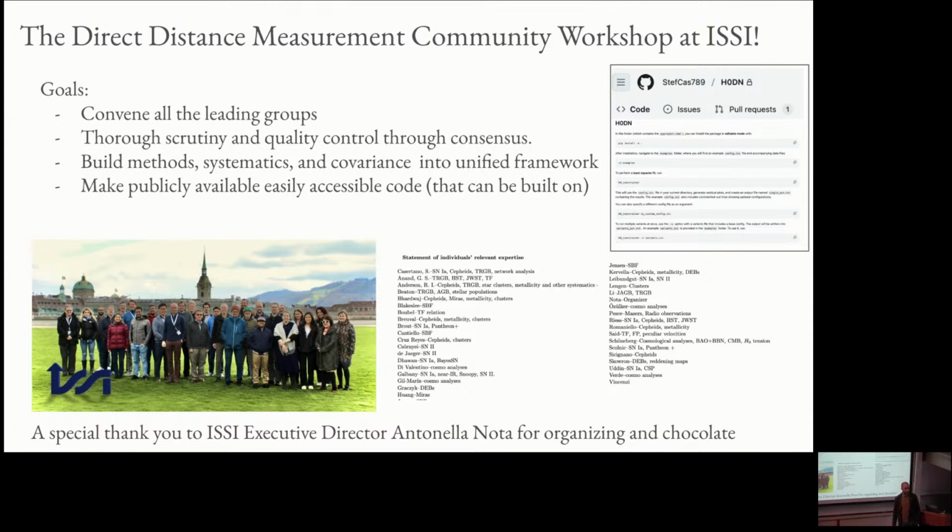We then built out methods for combining data sets, evaluating systematics between data sets and covariance between data sets into a unified framework. This framework is now publicly available, easily pip installable. Anyone who has any curiosity over how to tweak anything in the now distance network, you can start playing around with that.